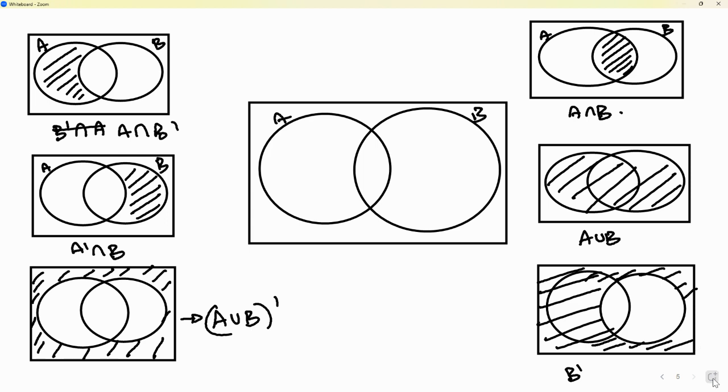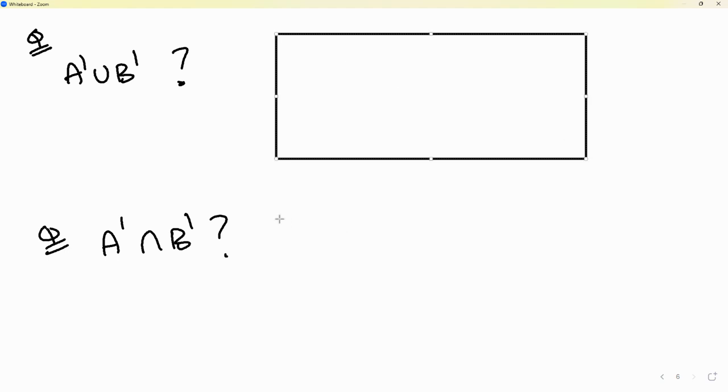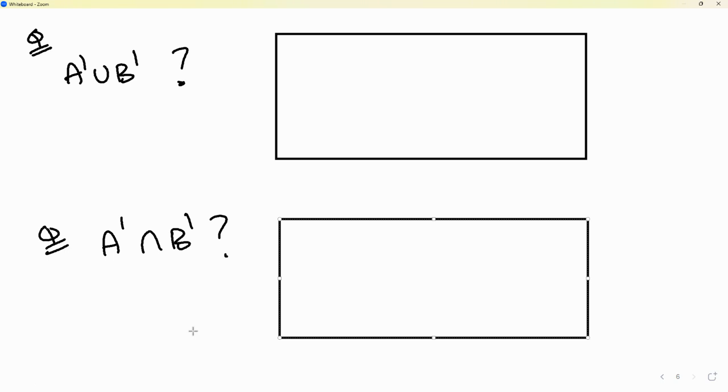Now, the next thing I would like to find out is, okay, well, if I'm given not A or not B, what would that look like? Or if I've got not A and not B, what would that look like, right? So how would I go about drawing the Venn diagram and shading exactly that in?